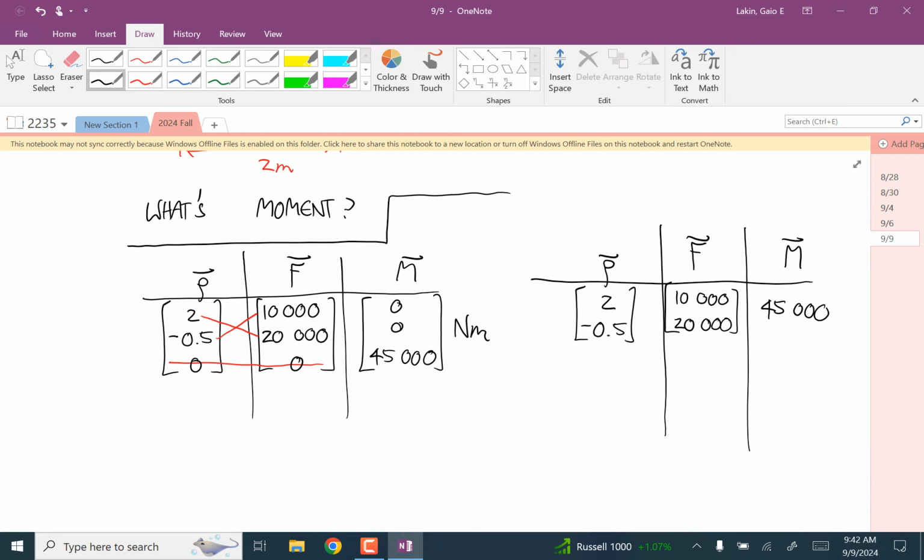If you're trying to turn an object, the moment will tell you how much angular acceleration you'll get or how likely you are to get it to start, no matter what force and moment arm combination you use. It's weird to think of it like pointing, but that's going to be a really common thing.